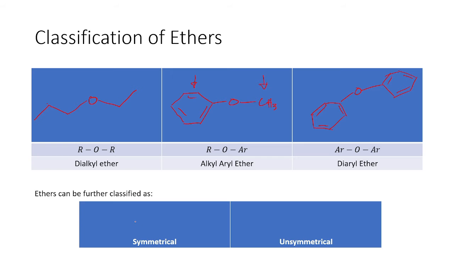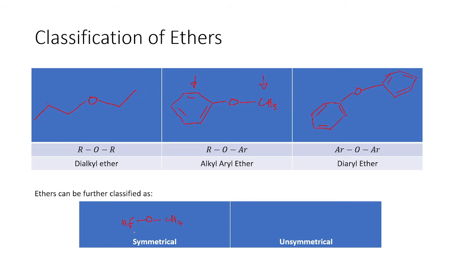One of the simplest examples is methoxymethane, wherein both sides of the oxygen, the functional group, have the same group.